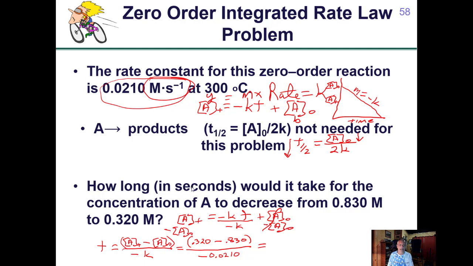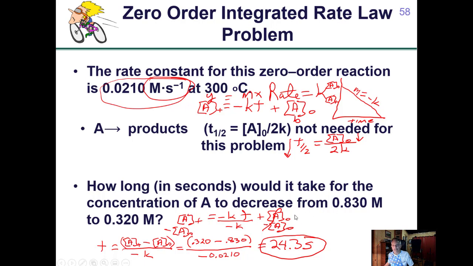When I plug that into my calculator, 0.320 minus 0.830 in parentheses, and then divide by minus 0.0210, I wind up with 24.3, and we are in seconds. So that would be my time. So there's an example of using the zero order integrated rate law.